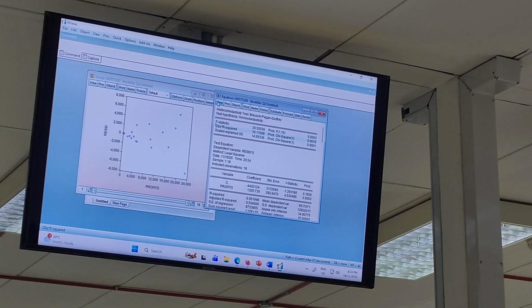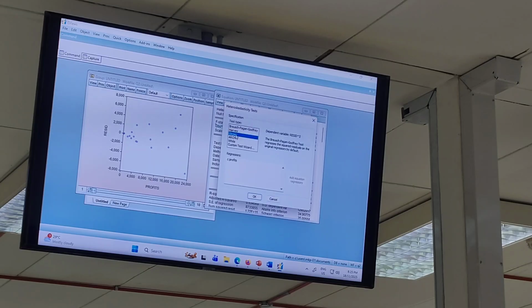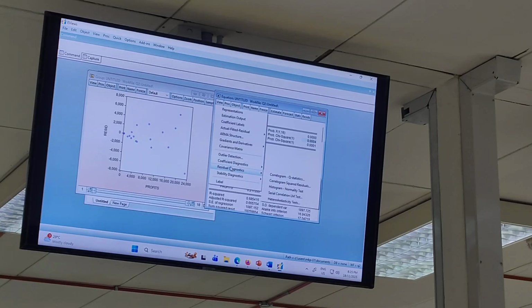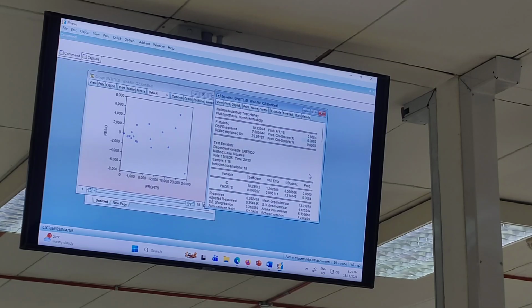You perform using another test, the Glejser test. Residual, heteroscedasticity, this one. So the same conclusion. And then the third one is view, residual diagnostics, heteroscedasticity test, Harvey, also the same.